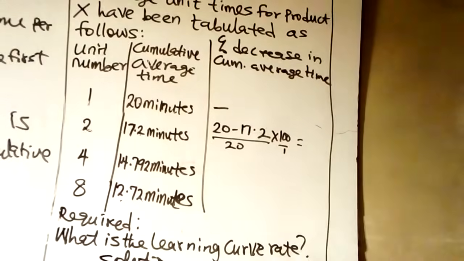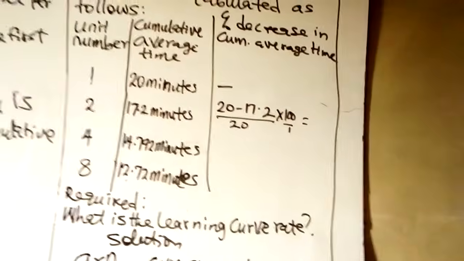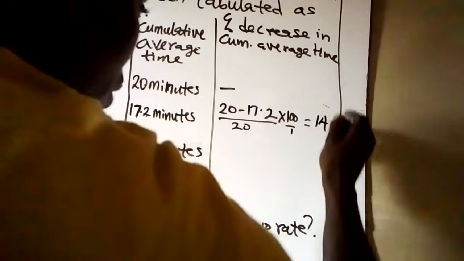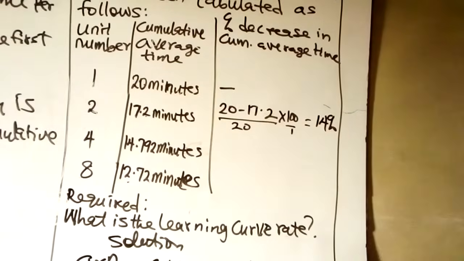Now, using the tabular approach, our learning rate: I've told you that when you subtract 20 minus 17.2, that gives us 2.8. 2.8 divided by 20, we have 0.14 times 100. Then you have 14%. 14%, that is the percentage decrease.